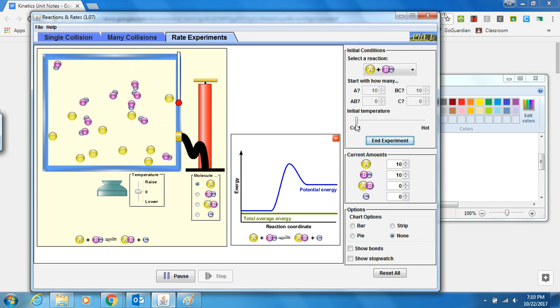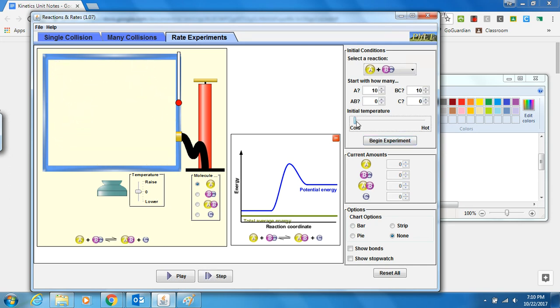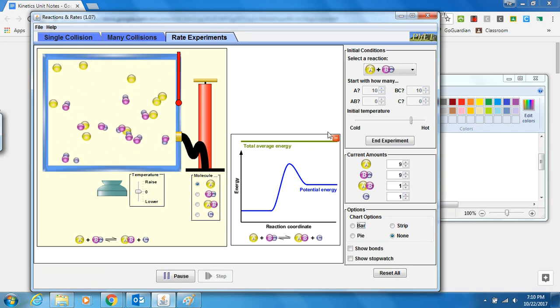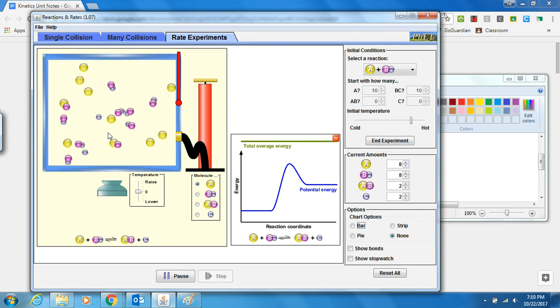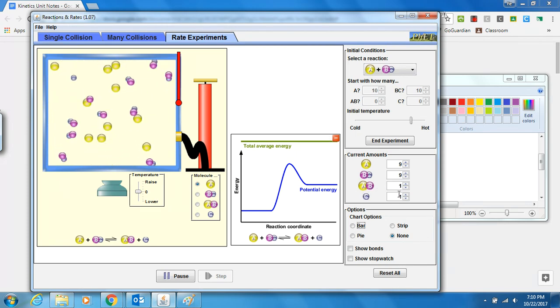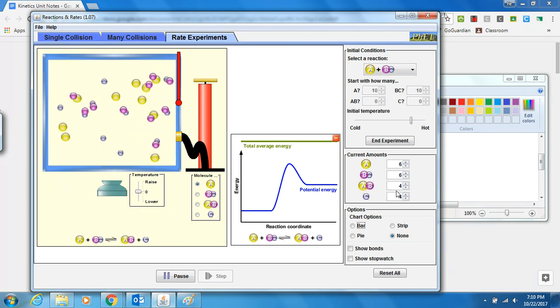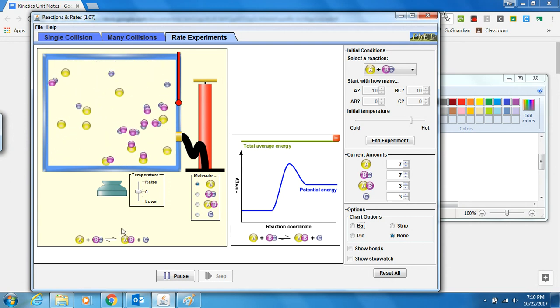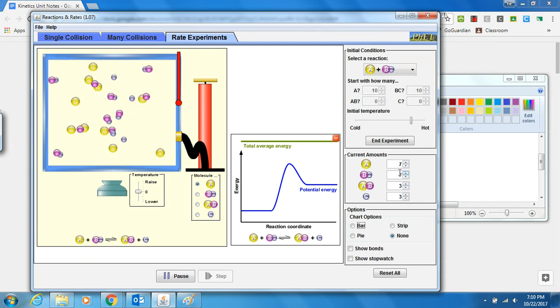So now, let's say I have that same amount, but let's say we increase the temperature of that experiment. So we have 10 in there. They're moving around faster. Wow, look at that. We have lots being converted here. And the reason why they're going back and forth is just because this is an equilibrium experiment.